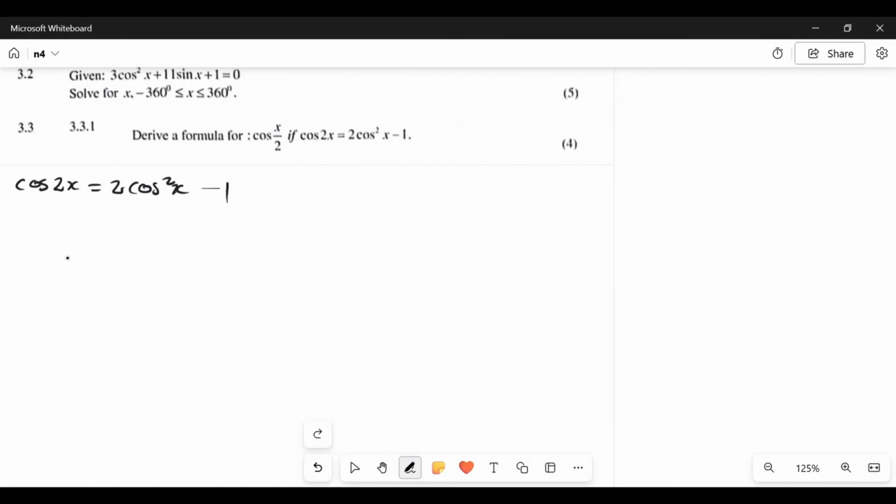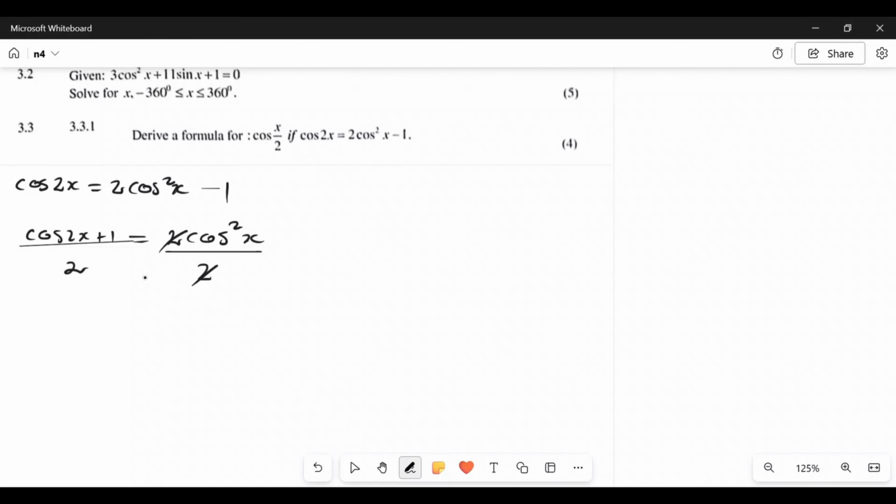If we transpose that -1 to the left-hand side, we're going to have positive cos 2x plus 1, because this one's going to be positive. And then on the right-hand side, we're going to be left with 2 cos squared x. From here, we have to divide by the coefficient of cos there, which is 2.